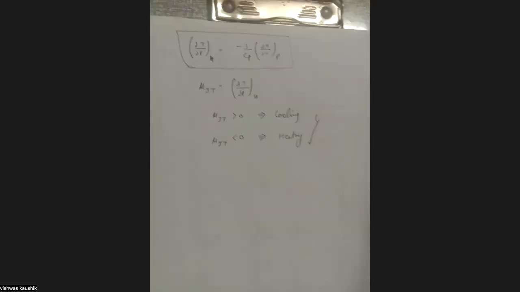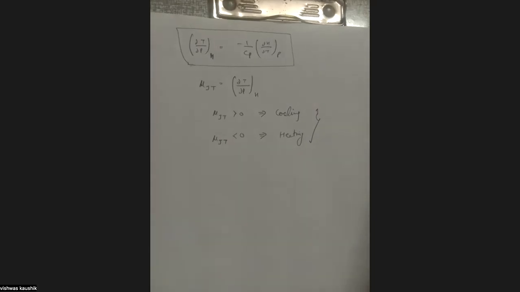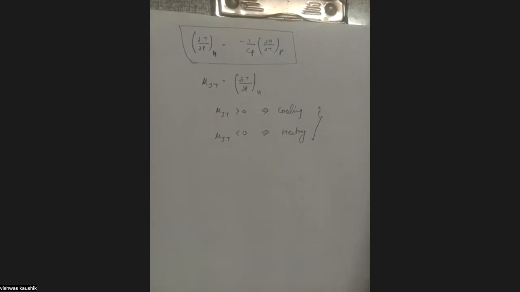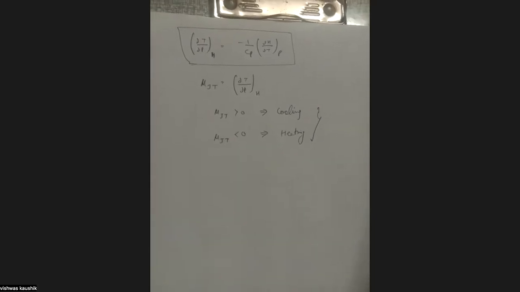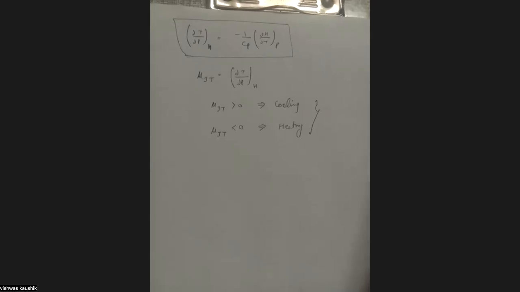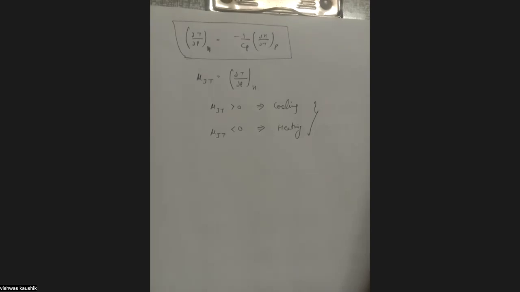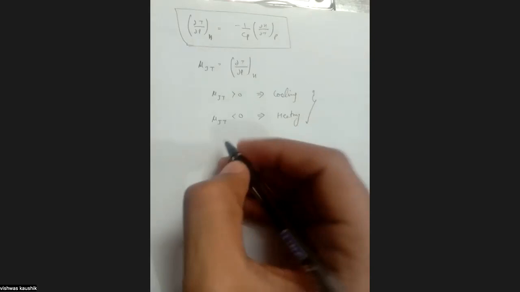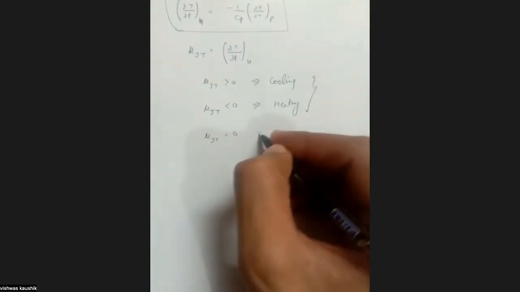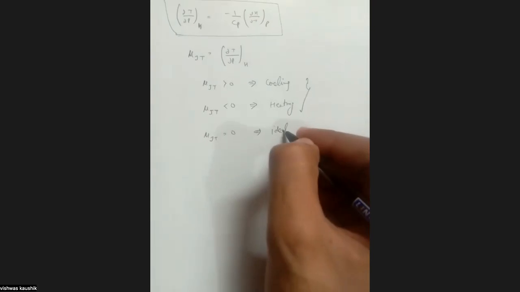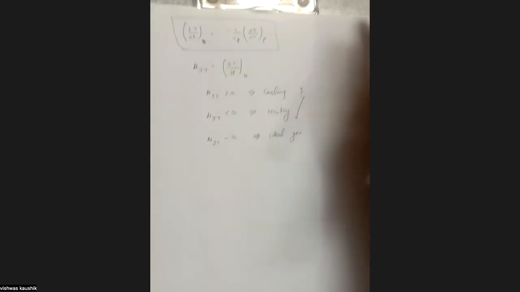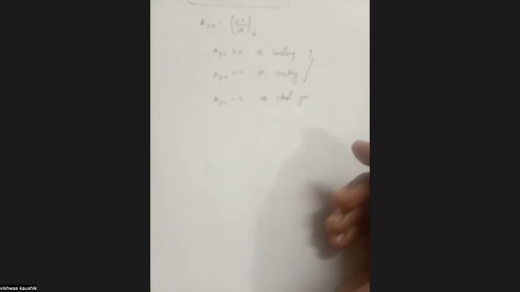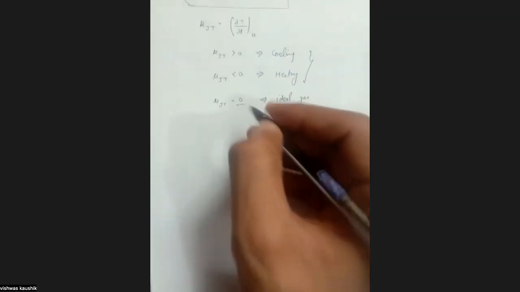At this condition, the intermolecular forces will not exist in the ideal gas, and for that the value of (∂H/∂T) at constant pressure is 0. If we use this value in the Joule-Thomson equation, we get mu JT, (∂T/∂P) at constant H, equal to 0.